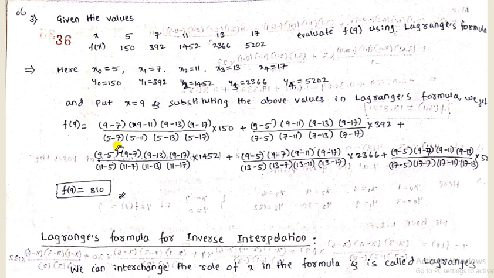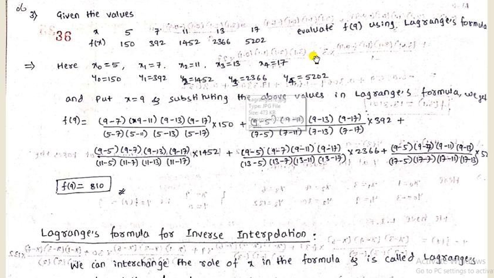Substitute these values in Lagrange's formula and simplify, which gives f of 9 as 810. Suppose in a problem the value of x is not given, then we cannot get the result as a number. After simplifying, we will get the result in equation form.